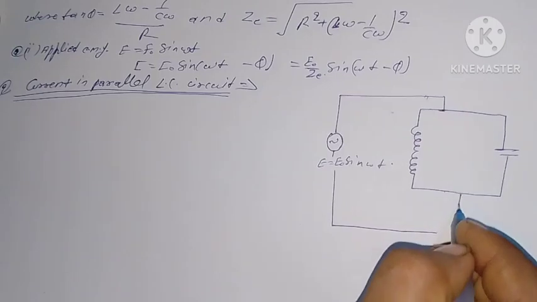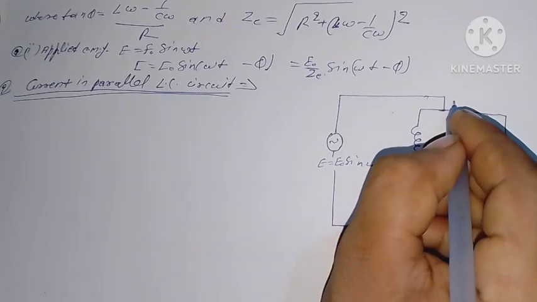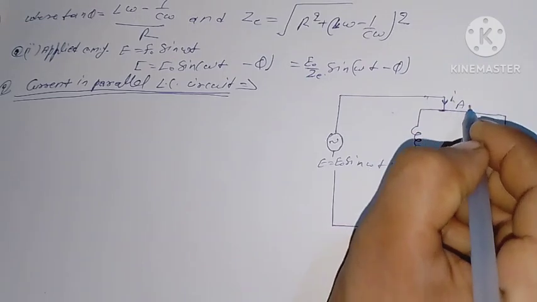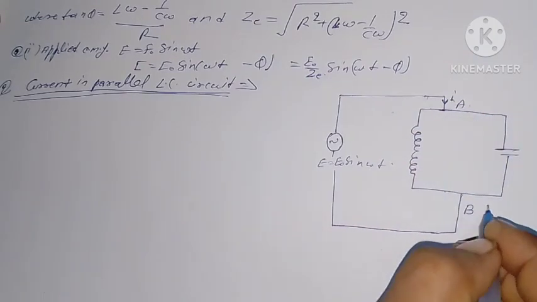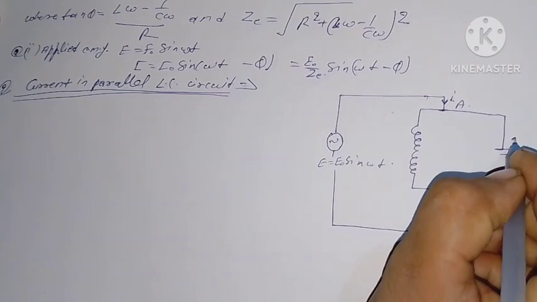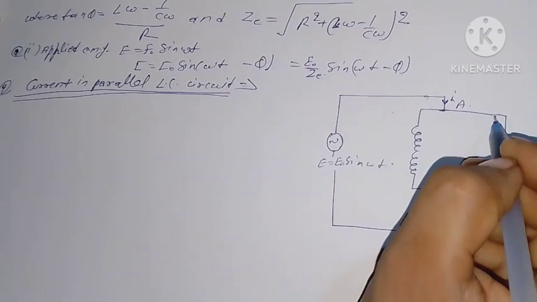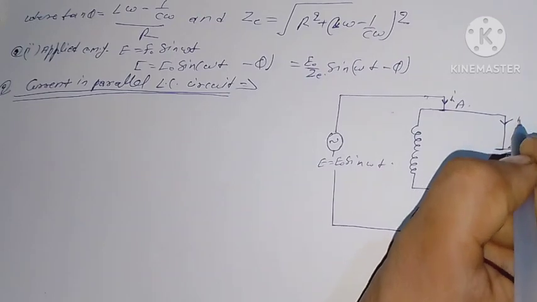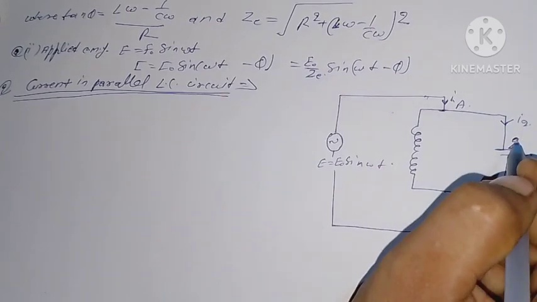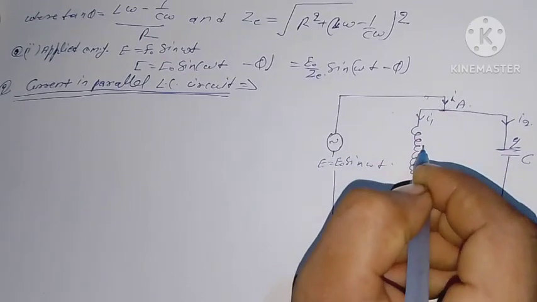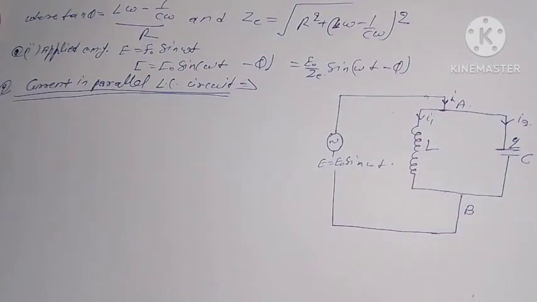This is the point current I, points A and B. This is C, and this is Q, charge, and current I2 through the capacitor, and current I1 through the inductance.